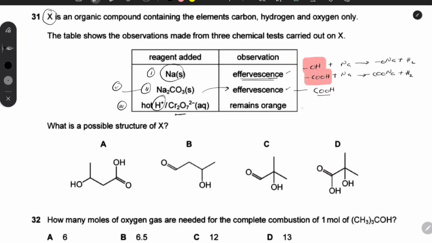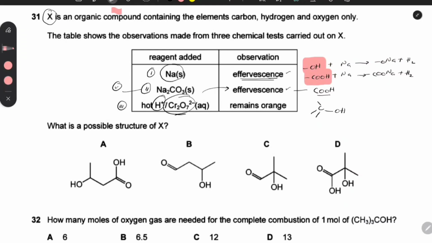So when you use this oxidizing agent, a tertiary alcohol will not give any reaction. Primary alcohol and secondary alcohol can oxidize and convert into aldehyde and ketones respectively, but a tertiary alcohol cannot be oxidized.